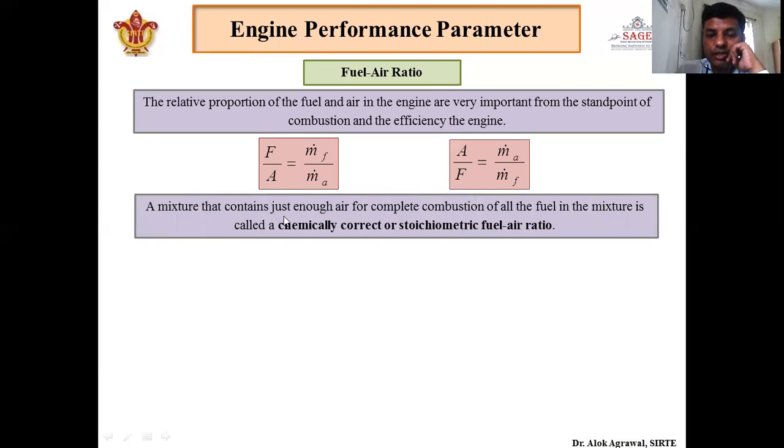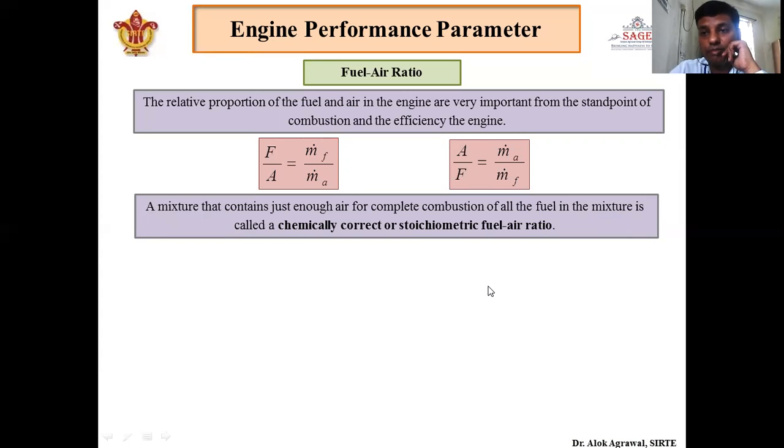A mixture that contains just enough air, meaning the amount of air required to burn the unit quantity of fuel is exactly what is required, we call it a chemically correct or stoichiometric fuel air ratio. If 1 kg of fuel requires around 15 kg of air to burn completely, then we can say that 1 is to 15 is the stoichiometric or chemically correct fuel air ratio.